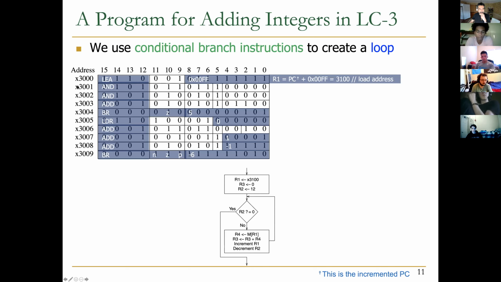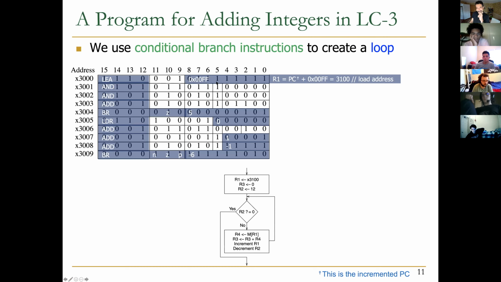So the PC is x3001, and here is the offset, which is 0x00FF. So we needed to put x3100 into R1, right? And then what's going on?